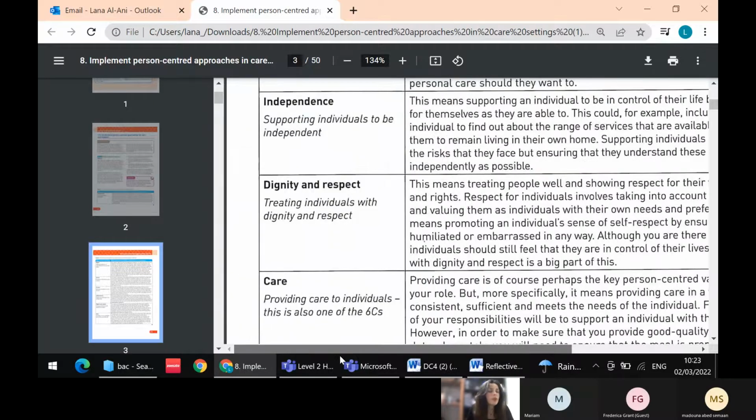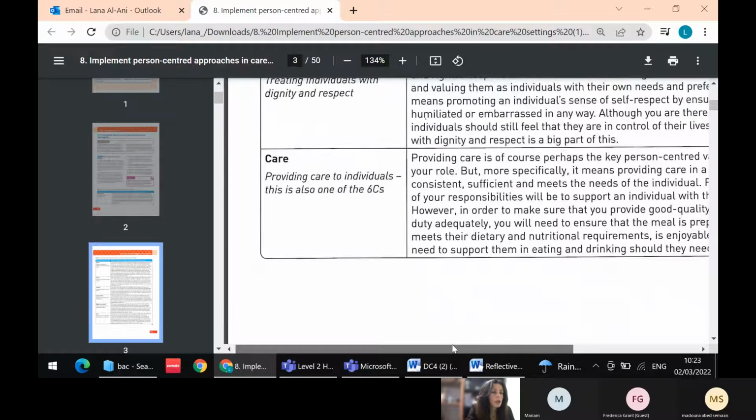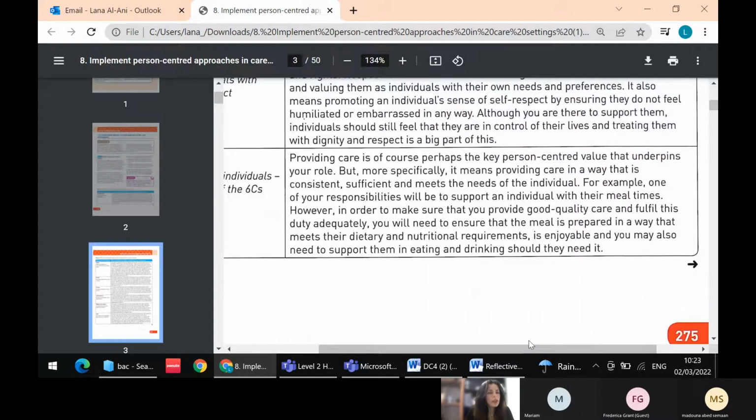And also we provide care. We provide care for these vulnerable people, for elderly people, and of course there is a key person-centered value there. That is your role. You need to focus on the individual and give them the care they need, any of the responsibilities you have for the individual, meeting their preferences and needs.